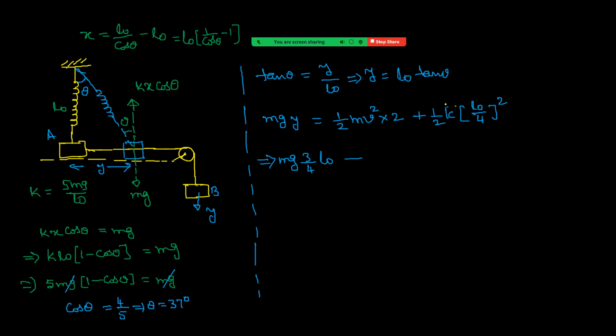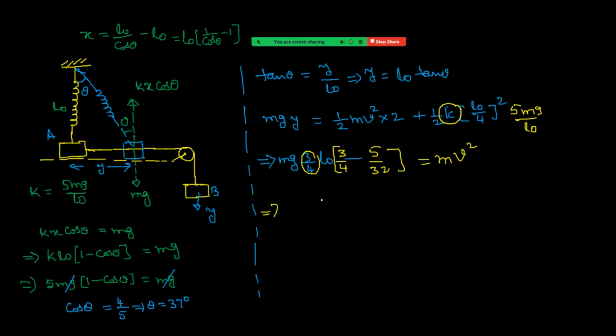So remaining is, now I'm taking that to here. See what we can take here: mg L naught common. Remaining is now 3 by 4 minus 5 by 32, right? 16 and 2, 32. That is equal to m v square.